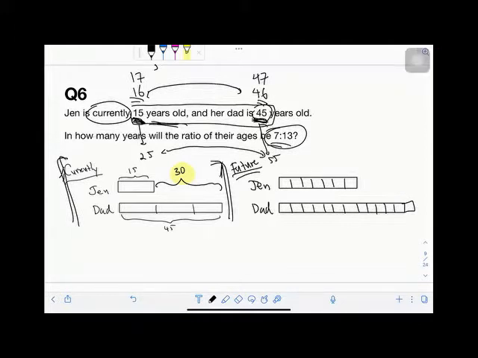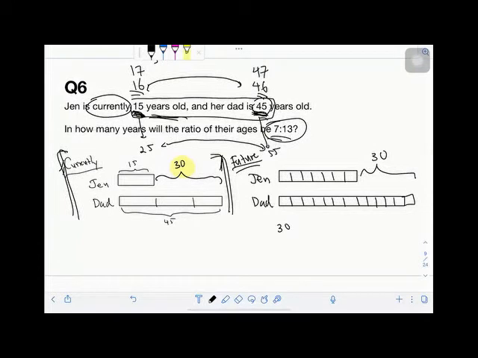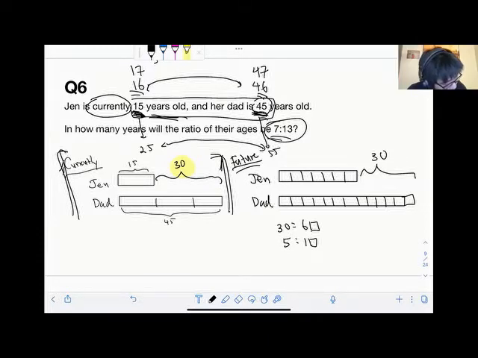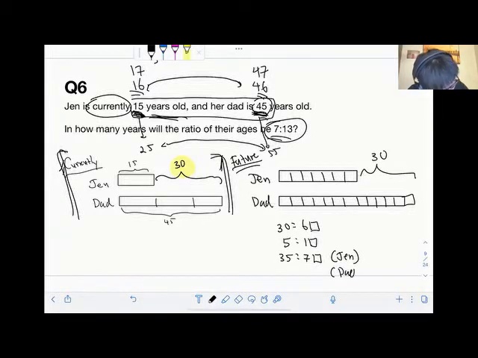Doon po sa difference na 1, 2, 3, 4, 5, 6. 30 divided by 6 is equal to 5. So 7 boxes si Jen, 35. At si Dad naman, 13 times 5.